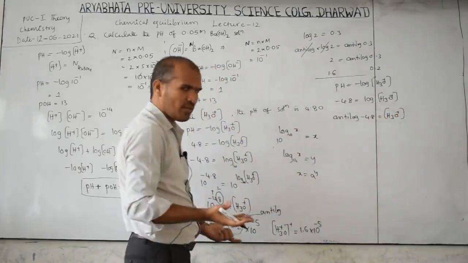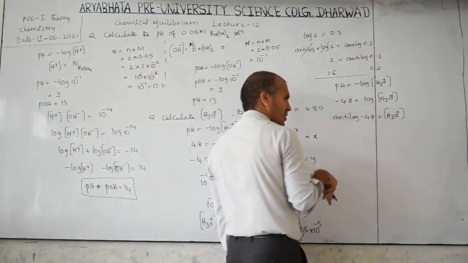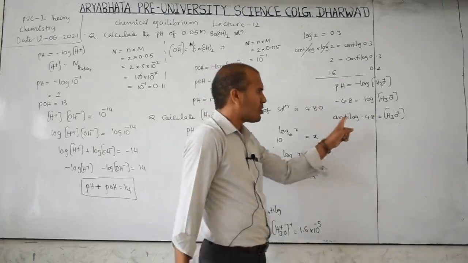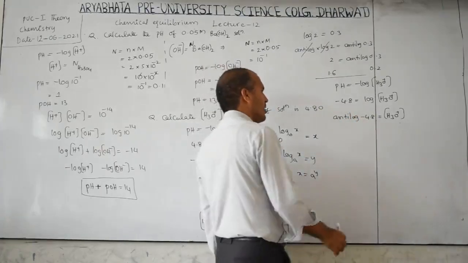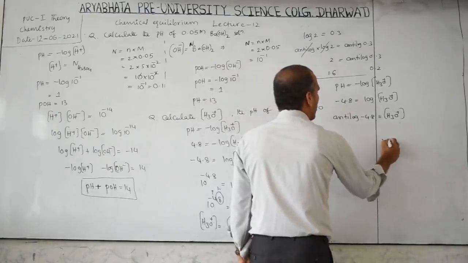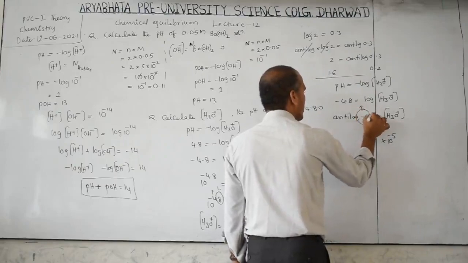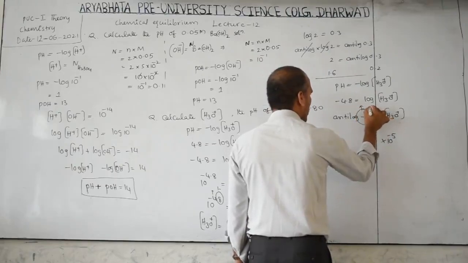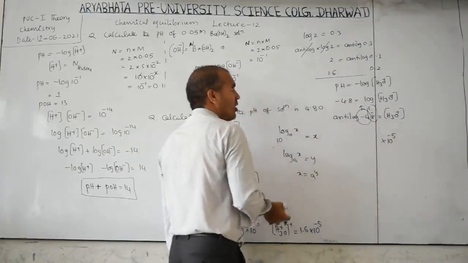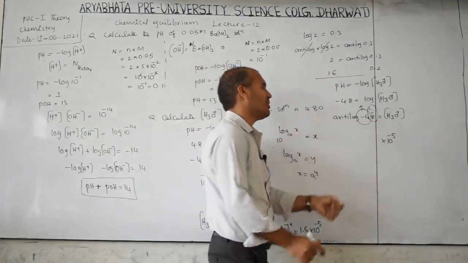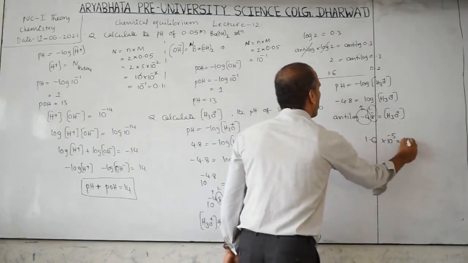Like this also: the value before the point is raised by 1 when minus. So 10 power minus 5, and this is subtracted from 1, don't forget that. Then again you get 0.2, which is nearly 1.6.